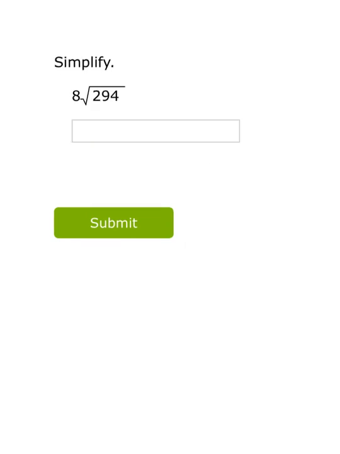Alright, here's our last problem, 8 times the square root of 294. This is a challenge level problem. So let's start by finding the prime factorization of 294. Well, since 4 is even, I know that this number is going to be at least divisible by 2. So when I divide 294 by 2, I figure out that 2 times 147 equals 294. 2 is prime, so I can stop there.